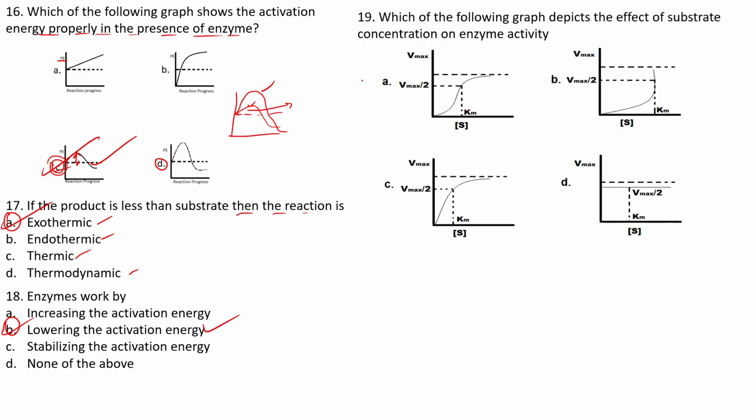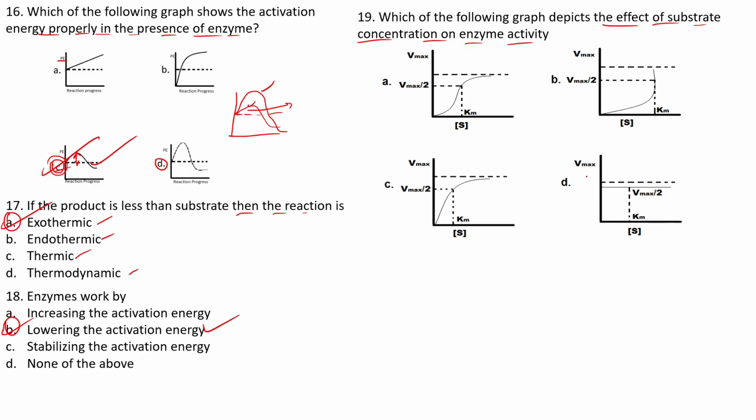The next one, which of the following graph depicts the effect of substrate concentration on enzyme activity? We are having A, B, C, and D, right? So here we are having a sigmoid curve based graph, here an exponential J-shaped graph, here a hyperbolic graph, and here it is completely a straight line.